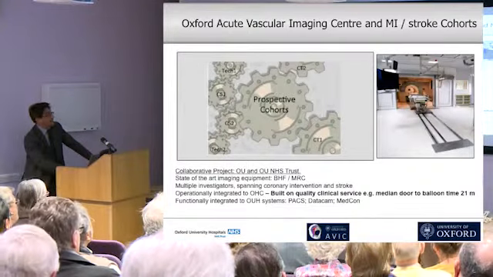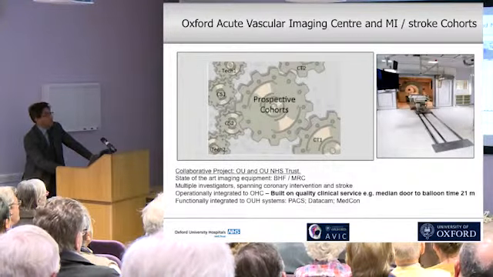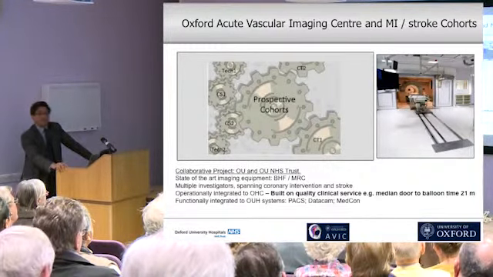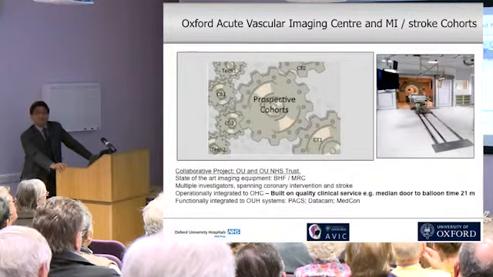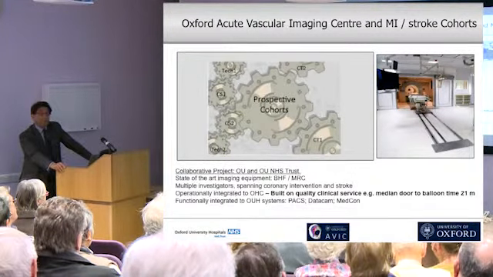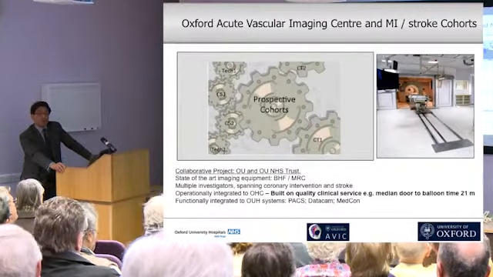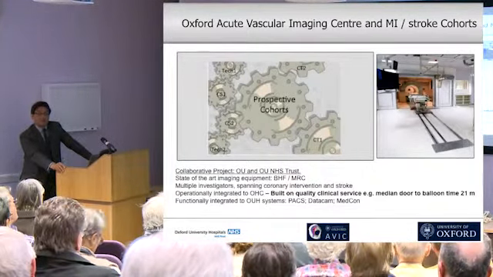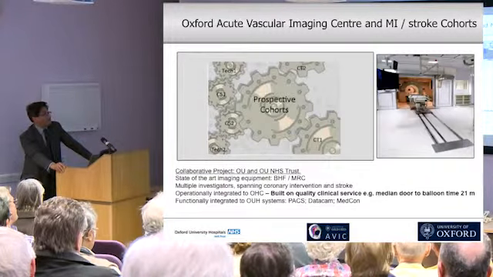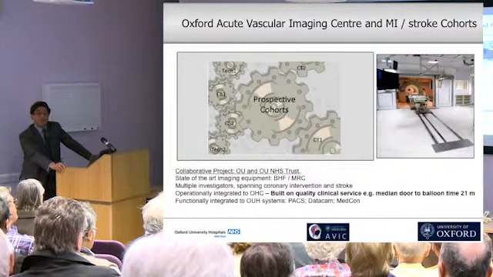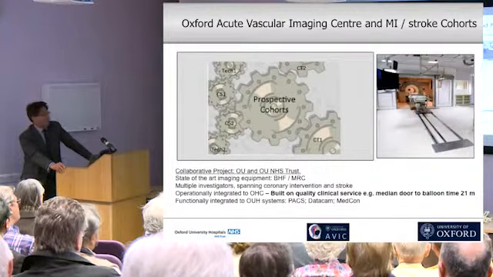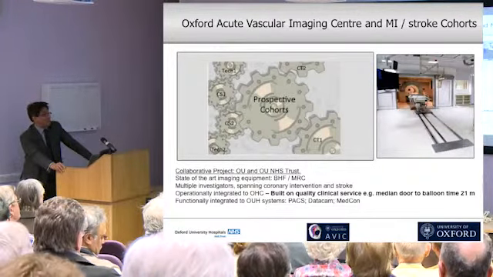So the idea is that we will build so-called prospective cohorts. We will, as far as possible, enrol all patients who are coming with acute stroke or acute heart attack, again subject to the usual checks and measures and appropriate consents, so that we can learn about the full spectrum of disease.